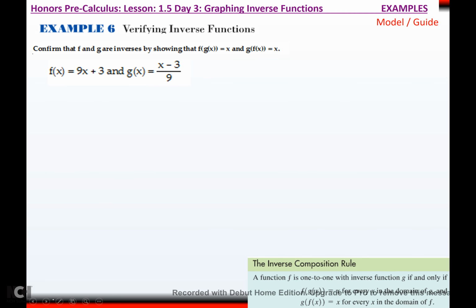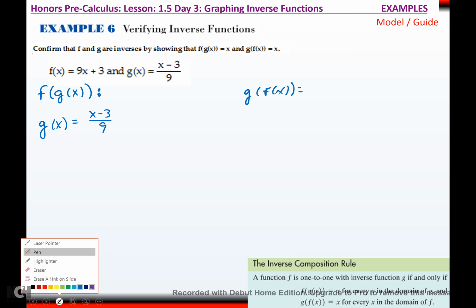Alright, they're going to get a little more complicated because of these fractions. Alright, just relax, they're not that bad. Alright, so if I'm going to do f of g of x and g of f of x, for this one, we're going to start with g, which is x minus 3 over 9.